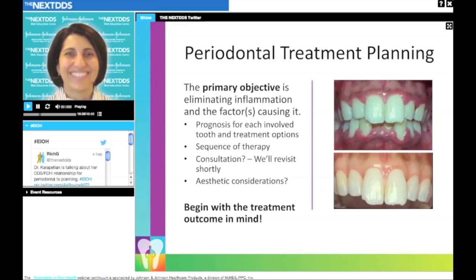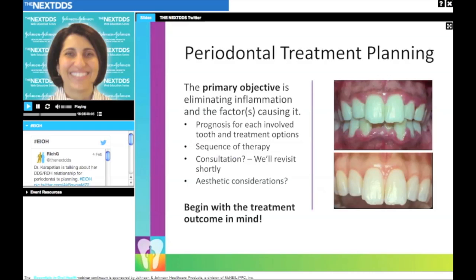So in the periodontal treatment planning, there's a couple of objectives that we need to keep in mind. And the most important objective is to eliminate inflammation. In order to eliminate inflammation, we need to determine what caused the inflammation, the etiology of the disease, and how we're going to remove it. So are we going to do scaling and root planing?